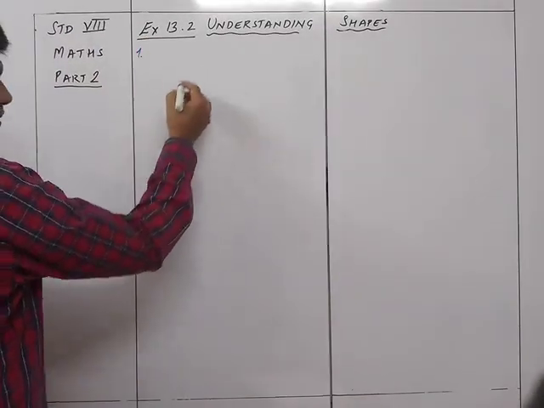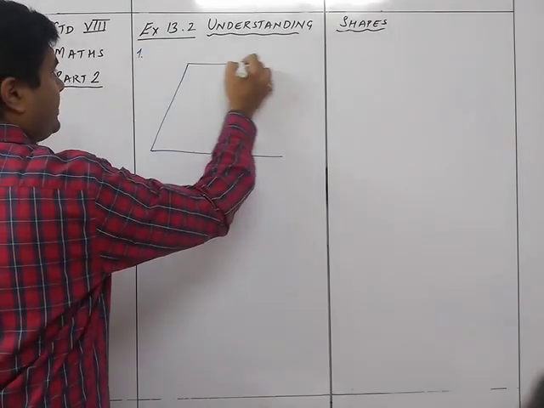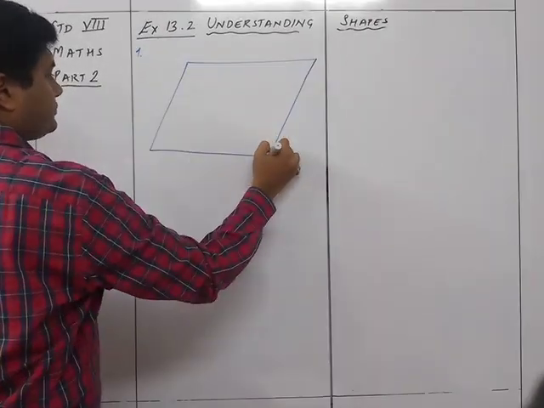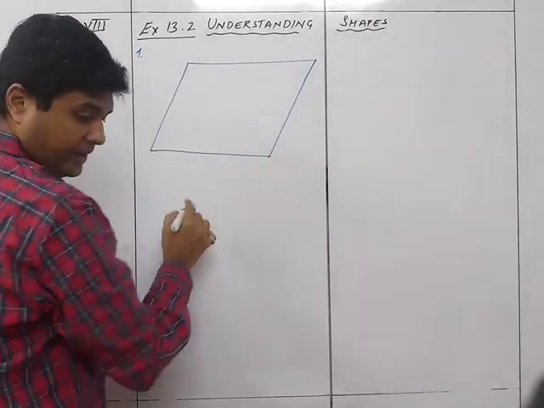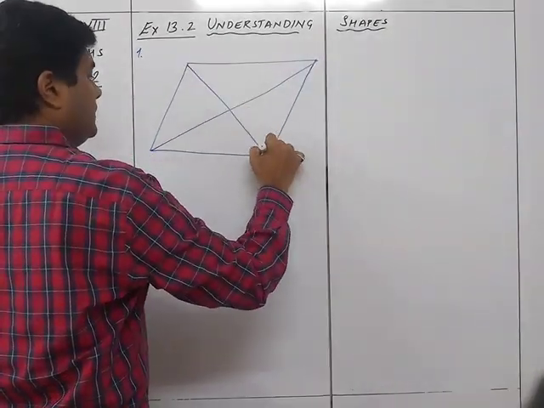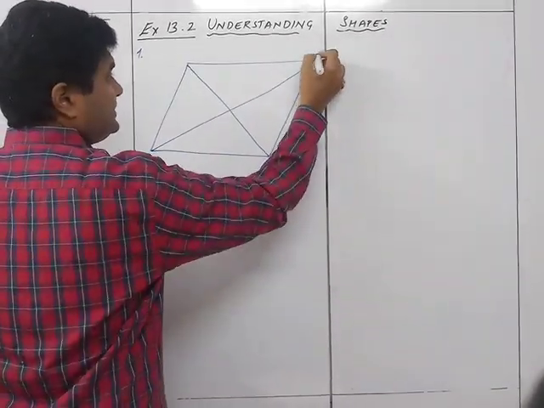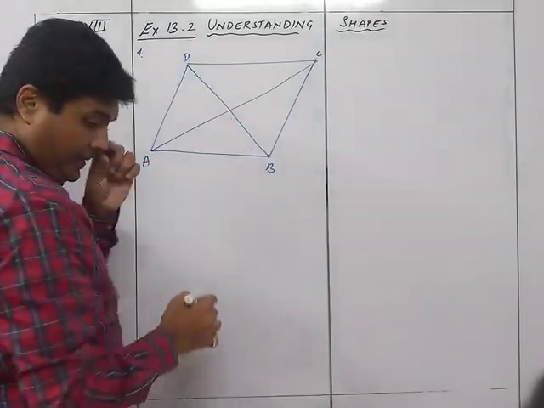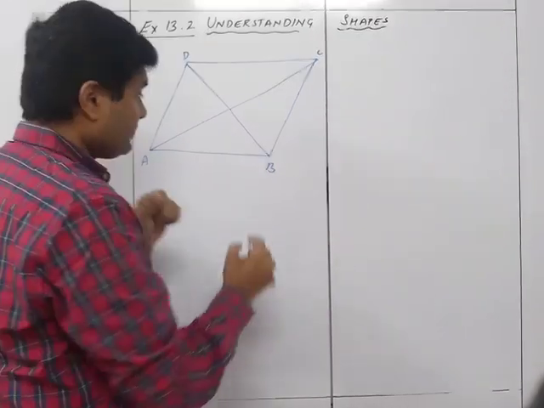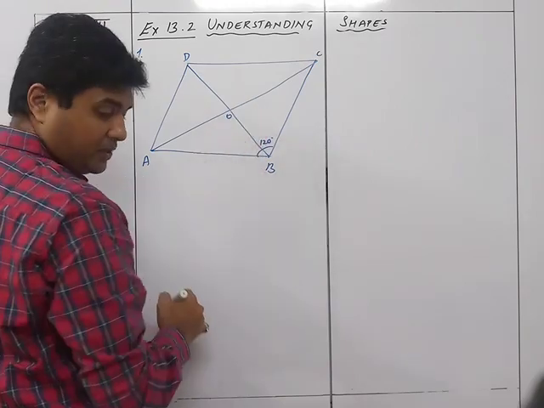So let me just draw the figure and then do this so that it is clear to you what exactly you are talking about. So we have this parallelogram which is named as A, B, C, D, and then the angle over here is 120 degrees. O is the center out here.